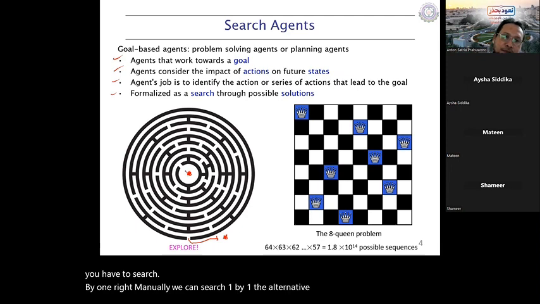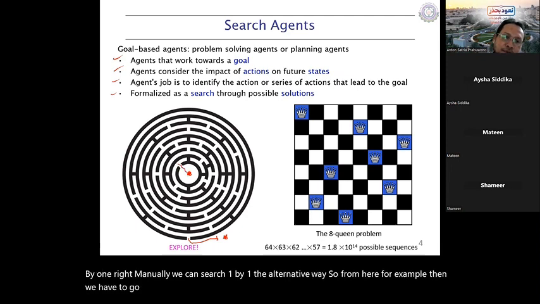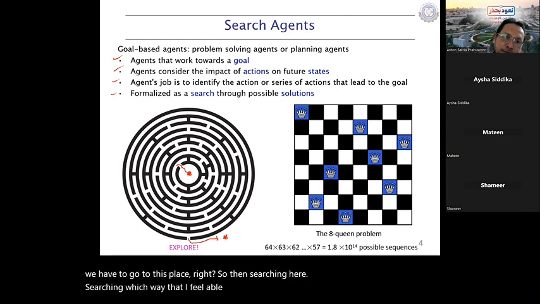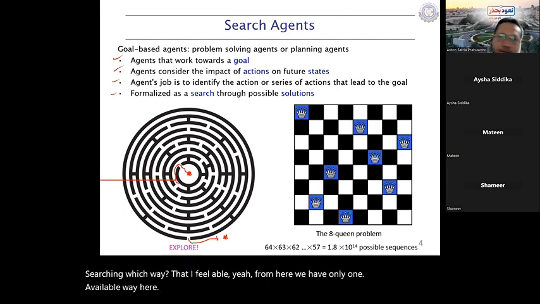So from here, for example, we have to go to this place. Then searching here, searching which way is available. From here, we have only one available way.